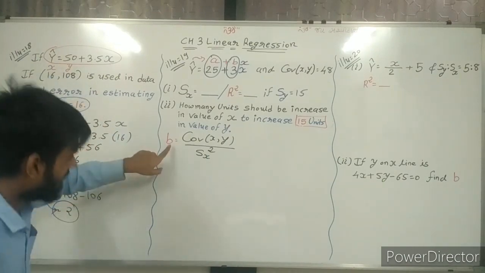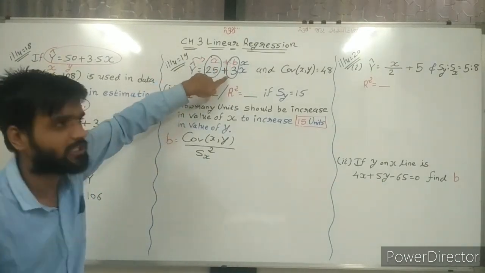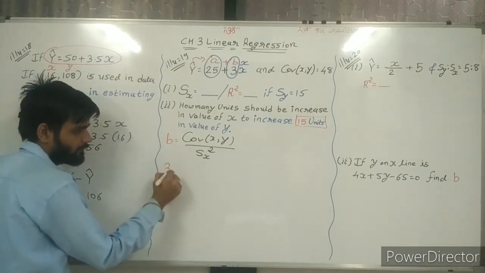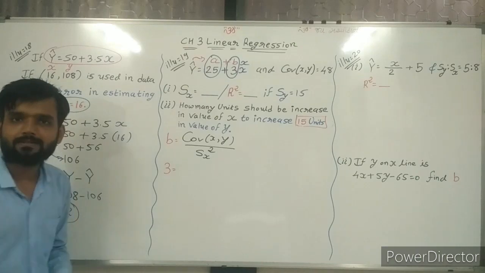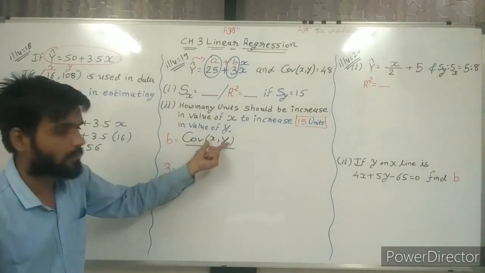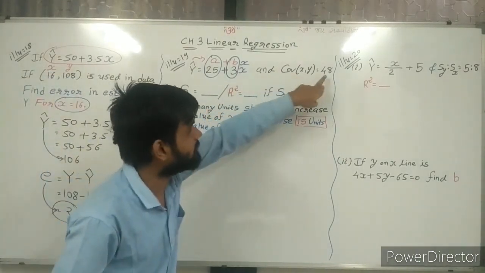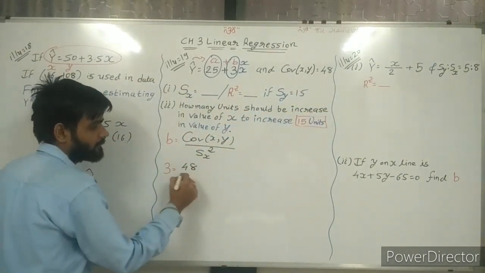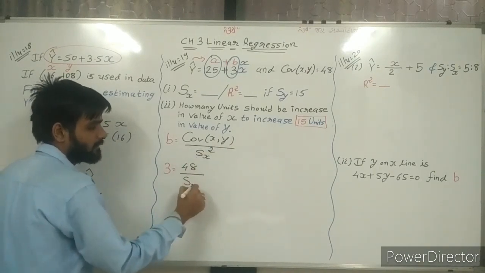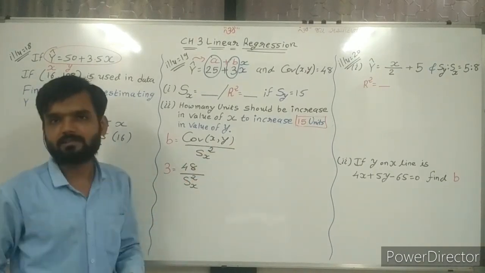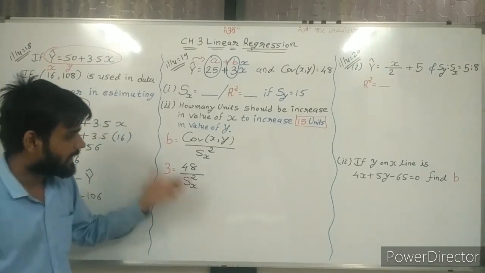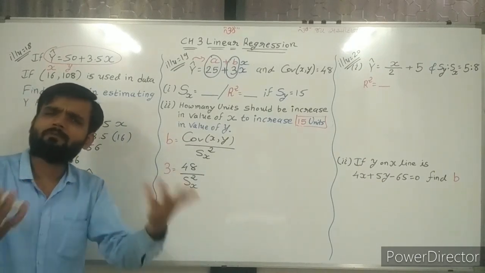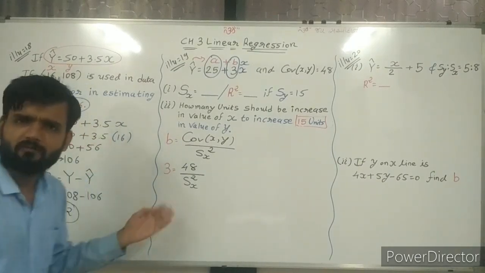Now think, sir, we have the value of b. Yes, b is equal to 3. So in place of b, write down 3. Covariance of xy we also know: covariance of xy is equal to 48. So write down 48, and Sx square as it is. Now only one value is missing, so that we can find by the mathematical way.